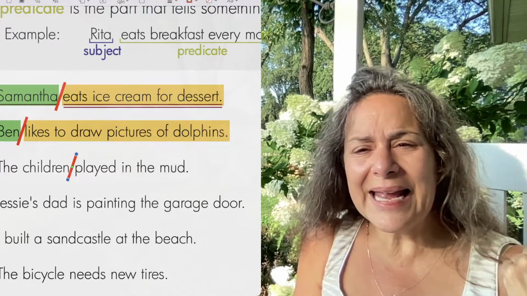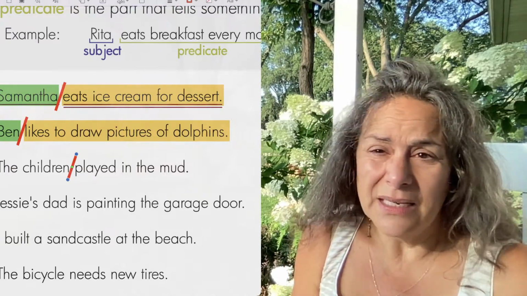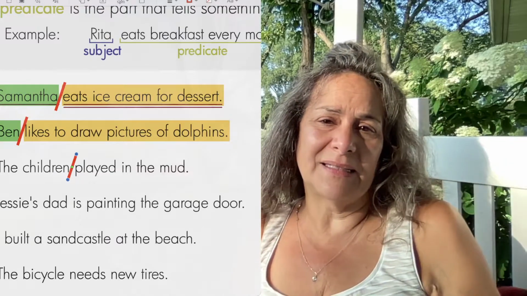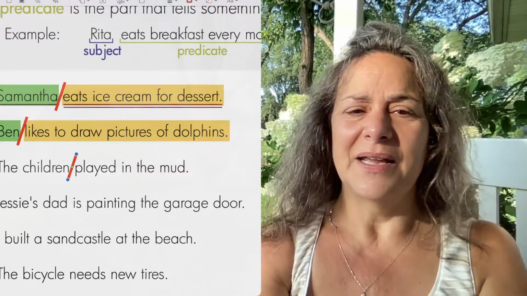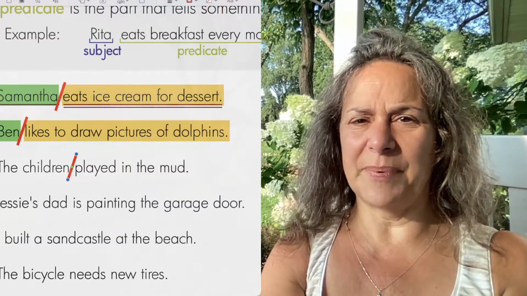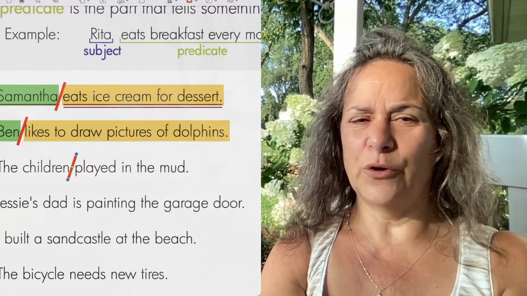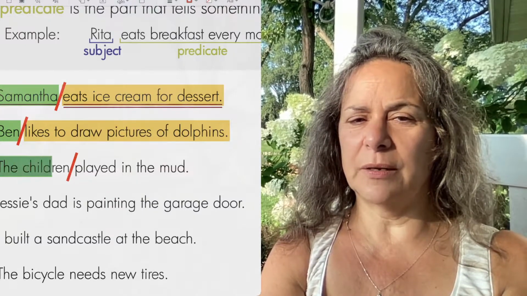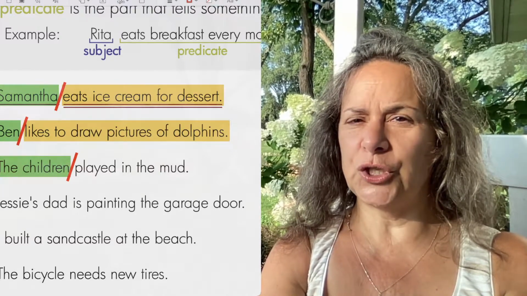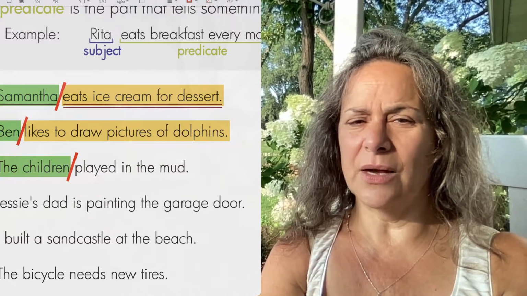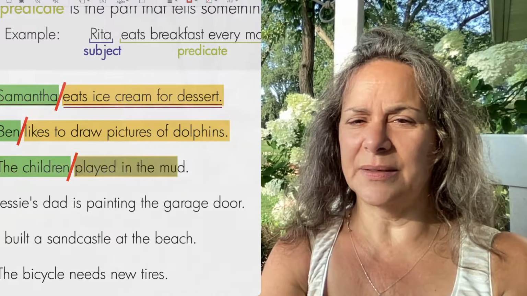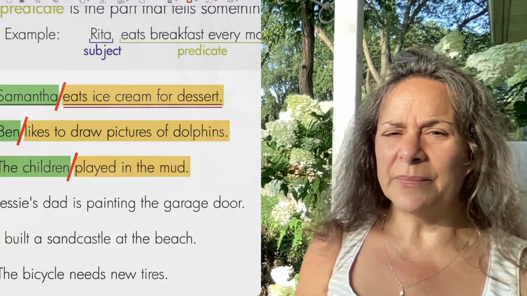I don't know when they did, but they played in the past. All right, let's stick with the topic though. So green for the subject, the complete subject, the children, and yellow for the complete predicate, played in the mud.